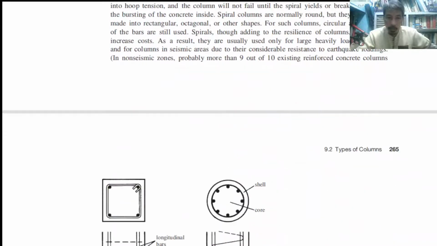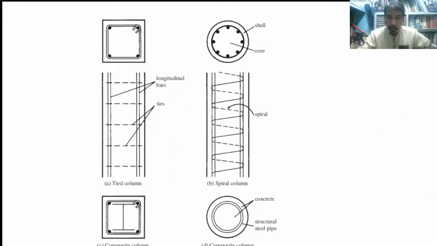So there are two types. As you can see here, we have the tied column here and we have the spiral column here. So it doesn't matter if the column is circular or rectangle, but the reinforcement must be like this. So this is the reinforcement. So it is spiral column.